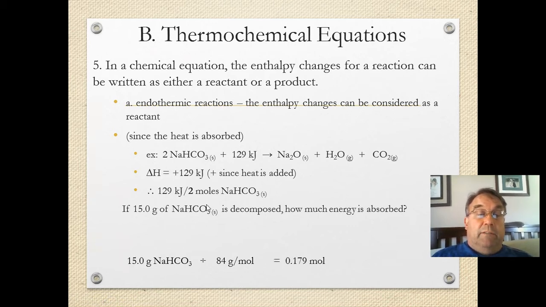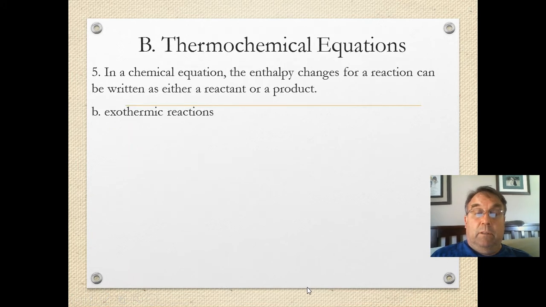Now, this is the amount of energy, 129 kilojoules per 2 moles. So all we do then is say, I only have 0.179 moles, so I take the 0.179 moles and multiply it by the 129 kilojoules per 2 moles, and I get 11.5 kilojoules. Now keep in mind that a kilojoule is 1,000 joules.